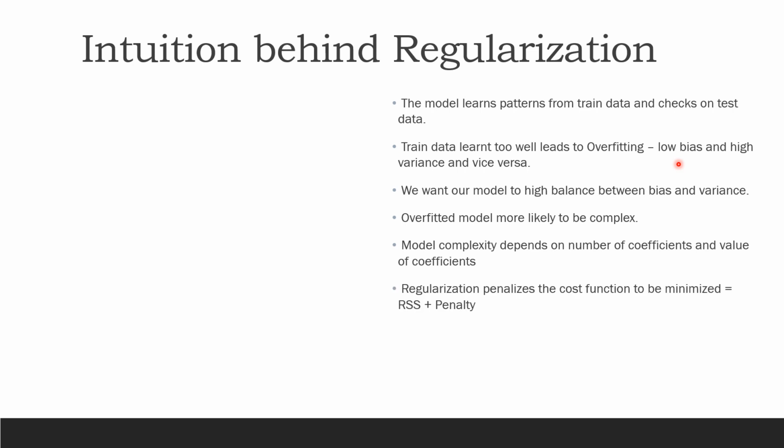So regularization is a technique which penalizes the cost function to be minimized. The cost function, that is RSS, needs to be penalized if we include a large number of features in our model. We add a penalty term to the cost function, which we'll see in the next slide.